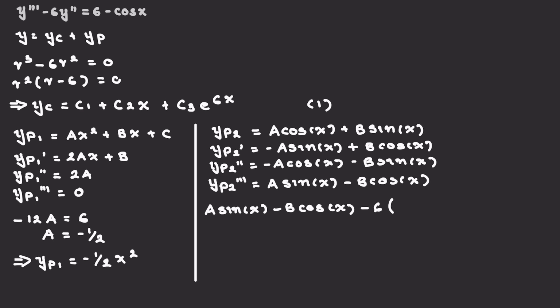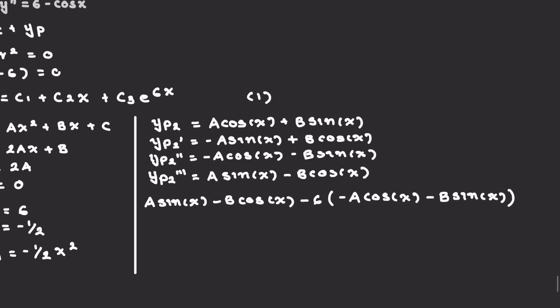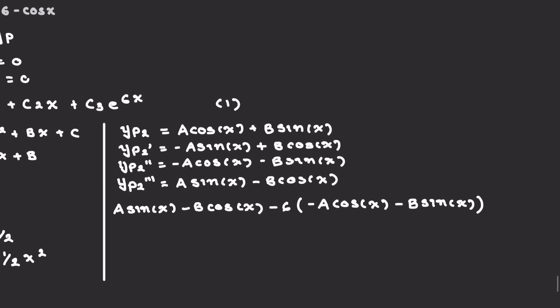Let's write this down and put it inside a bracket so we don't mix up the signs and make silly mistakes, which people tend to make because they don't use the brackets here, and equals negative cosine of x.